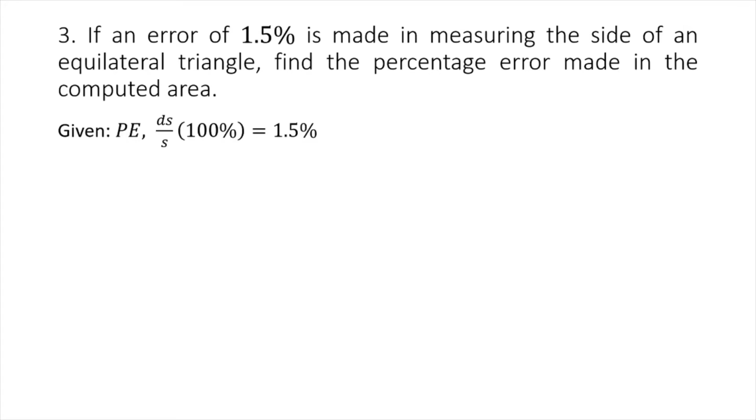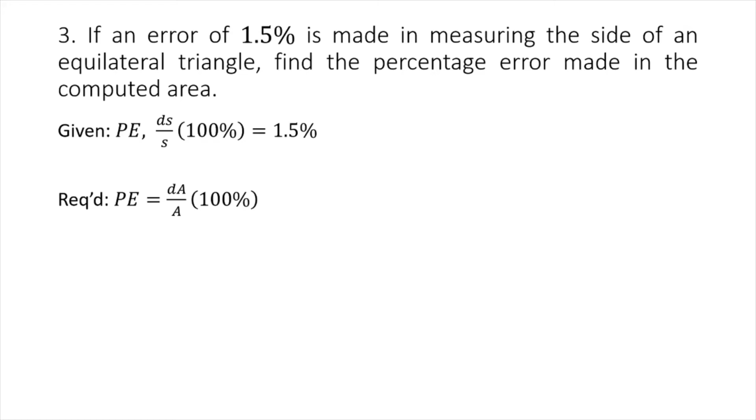Okay, this is the formula, right, of percentage error, in this case in terms of the side of an equilateral triangle. Okay, so that's 1.5%. It's the only given, and then we are required to find the percentage error, in this case, in the computed area. So dA over A times 100%.